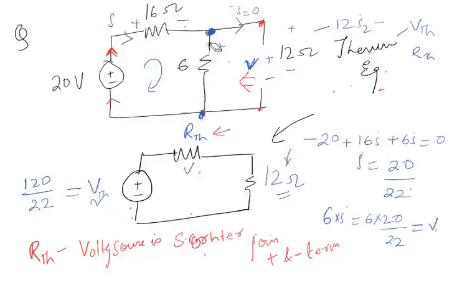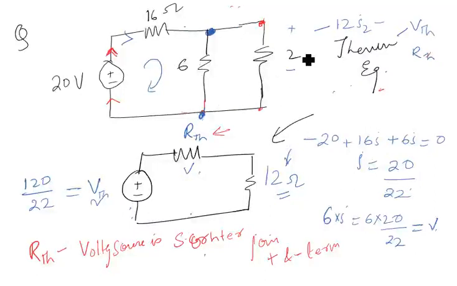Okay, now see here, again I am recovering my initial circuit for RTH. So this was my initial circuit. There was a resistance. So I chose this resistance, and what I did, I removed it. This is my whole circuit.